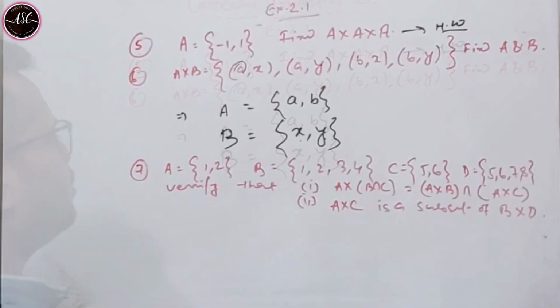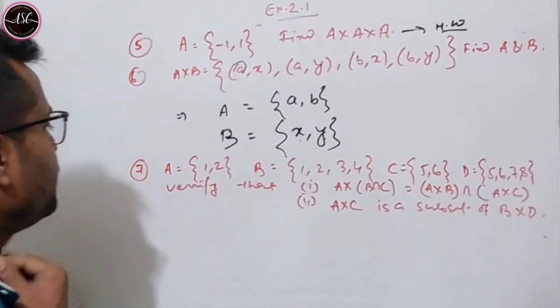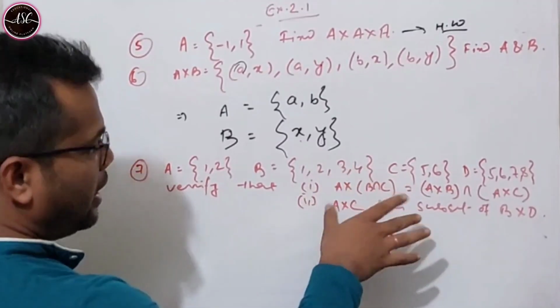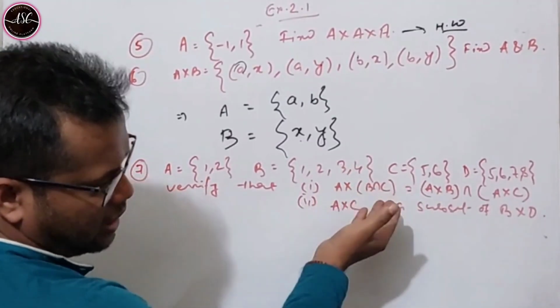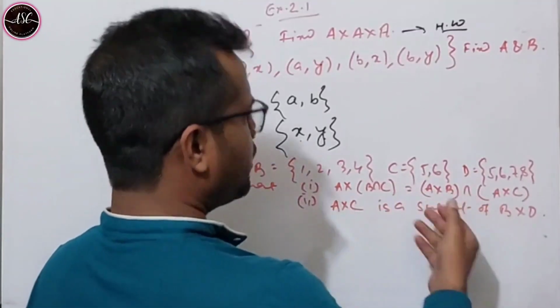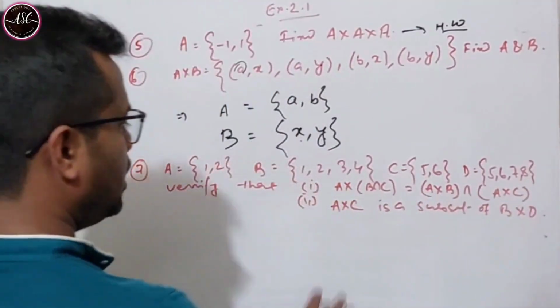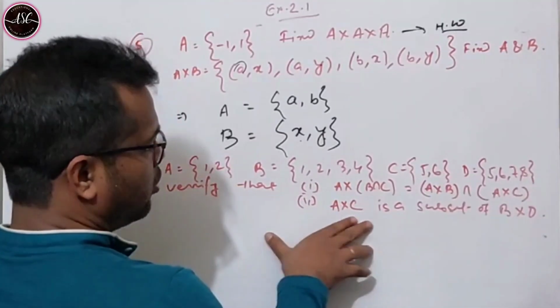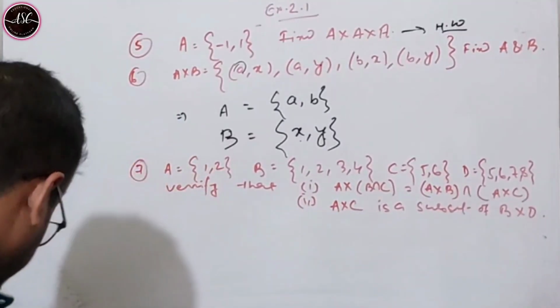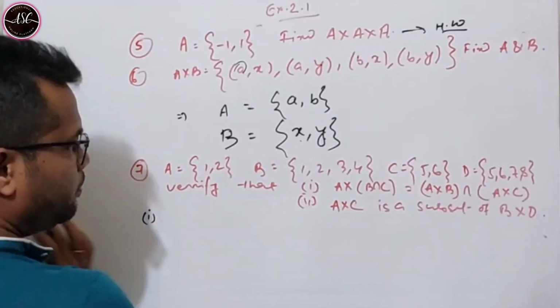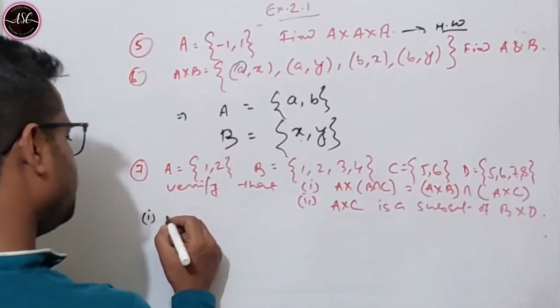Okay. Now look at this question. There are 4 sets A, B, C, D. Verify that A cross (B intersection C) equals (A cross B) intersection (A cross C), and that A cross C is a subset of B cross D. So now, first question, LHS.